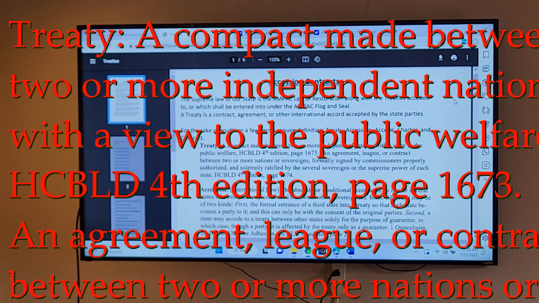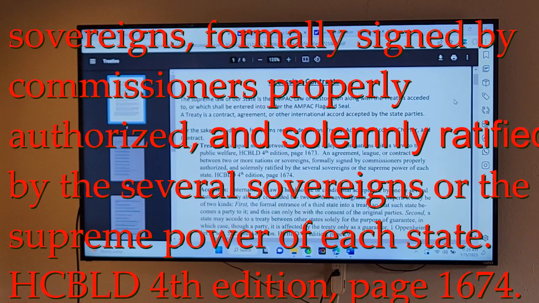An agreement, league, or contract between two or more nations or sovereigns formally signed by commissioners, properly authorized and solemnly ratified by the several foreign sovereign or the supreme power of each state. HCBLD, 4th edition, page 1674.